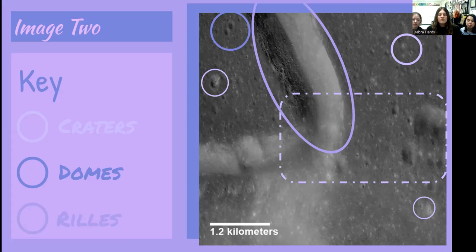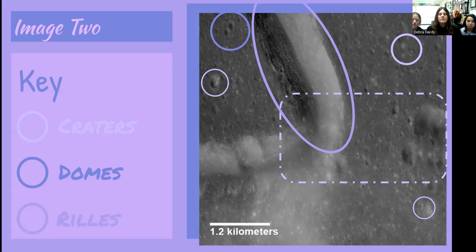But the big circle there is part of a rill. So that's a depression into the ground. It's part of a sinuous rill that was formed by lava flowing. Usually what happens is the lava is flowing under the surface in what's called a lava tube, and after the eruption ends and the lava drains out, there's just this cavity left.